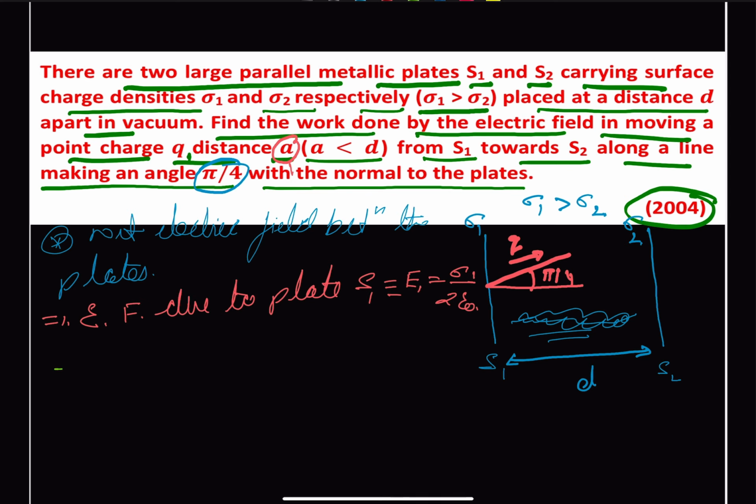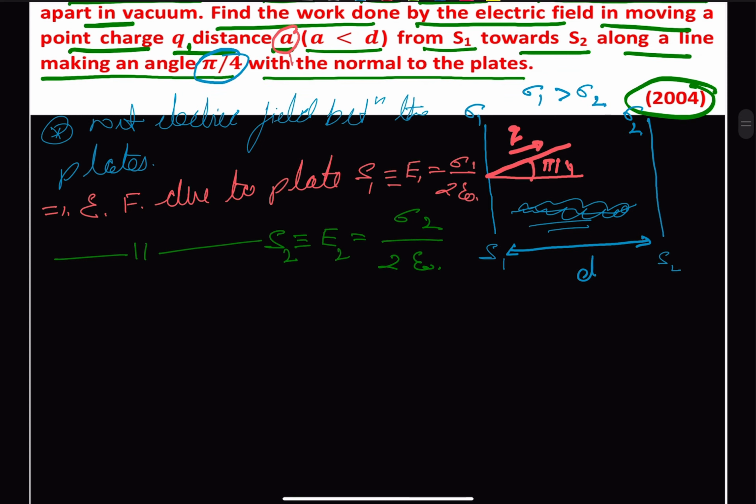Similarly, we can find the electric field due to plate S2, suppose that is E2, equal to sigma 2 over 2 epsilon naught, and we are given that sigma 1 is greater than sigma 2. Therefore, the net electric field, E net, will be equal to E1 minus E2.